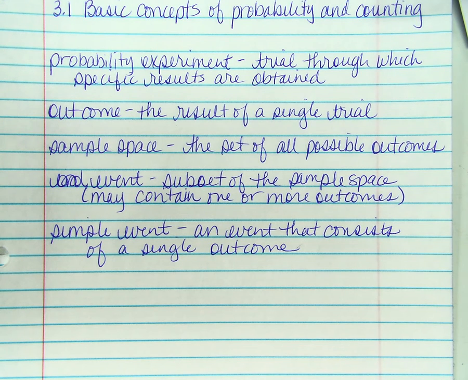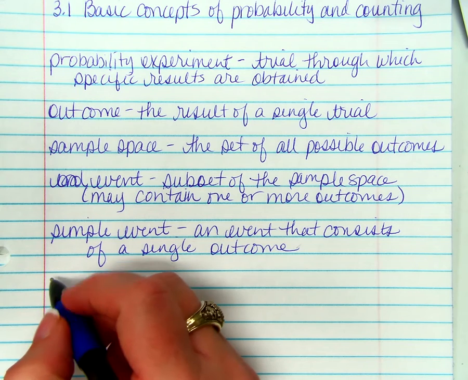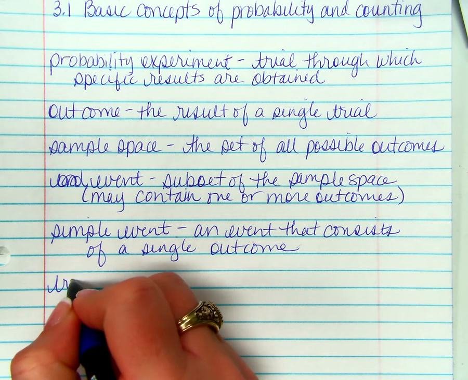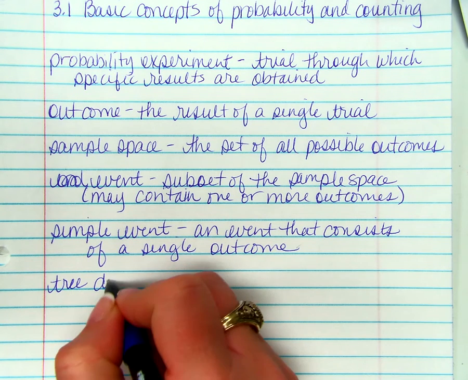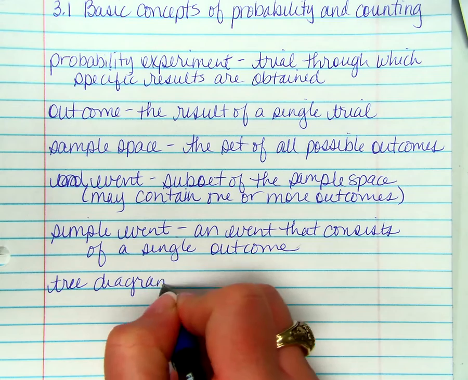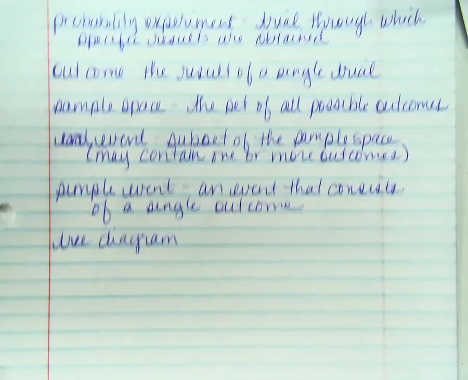The last definition for a while, we'll do some more definitions in a minute, but the last definition I want to talk about is a tree diagram. Chances are you've seen a tree diagram before.